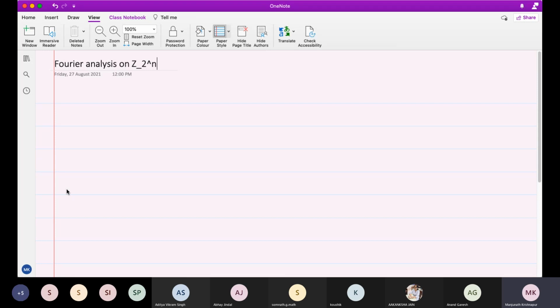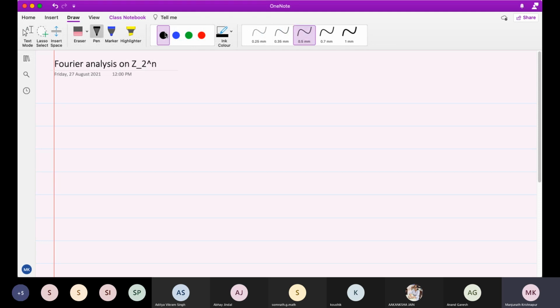Okay, so we'll do Fourier analysis on Z2 to the n. Of course, from Fourier analysis of Zn, we already had the characters and everything for Z2 to the n. But let's do a quick recap of what they were. So what is the group here?